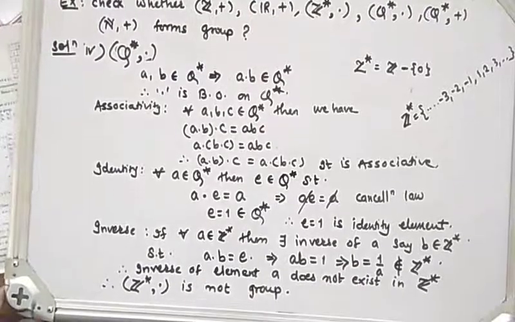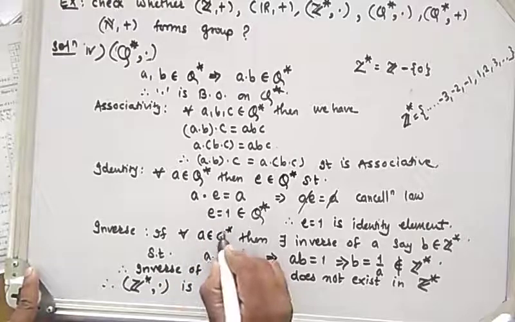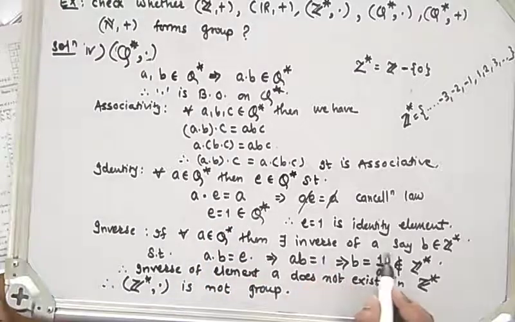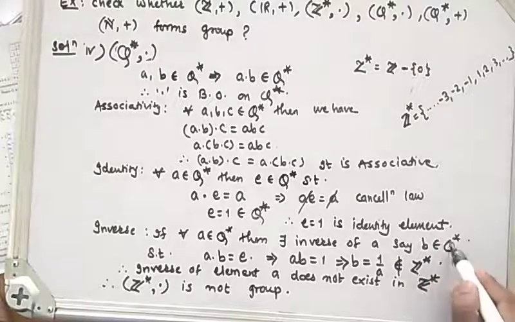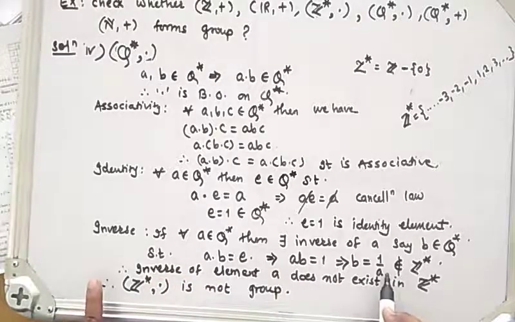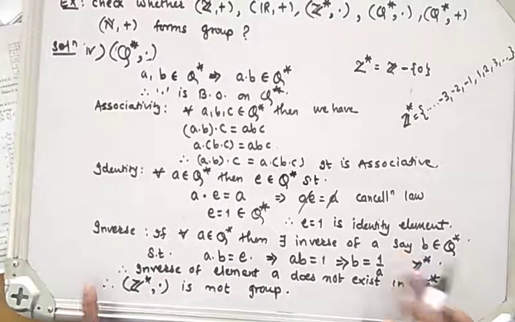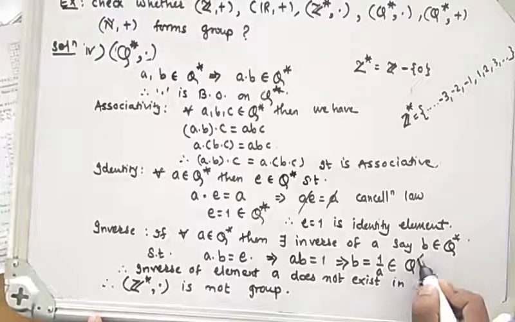Next, to find the inverse element. For all a belonging to Q star, there exists an inverse of a, say b belonging to Q star, such that a into b is equal to the identity. Then finally we will get 1 upon a. So 1 upon a belongs to what? 1 upon a belongs to Q star.